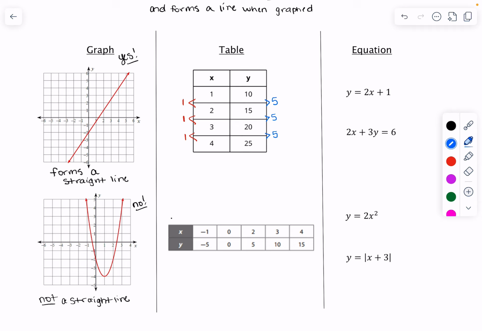Even though the 5 and the 1 are different values, they're still going up by a constant rate. So this is a yes. It's a linear function. The rate is constant on both sides.